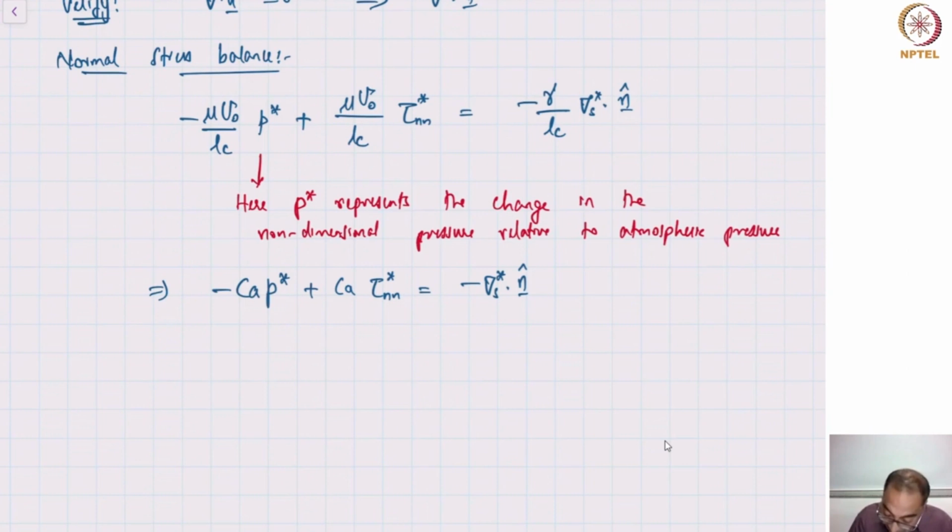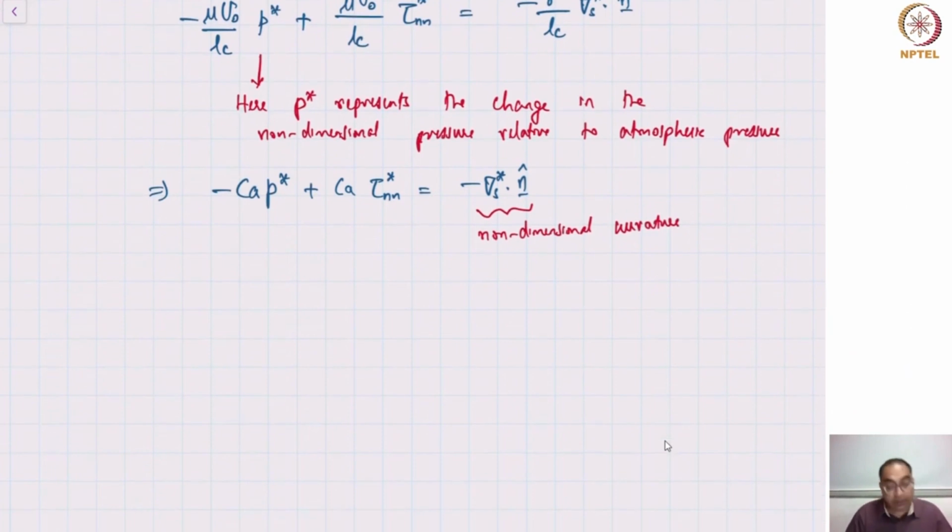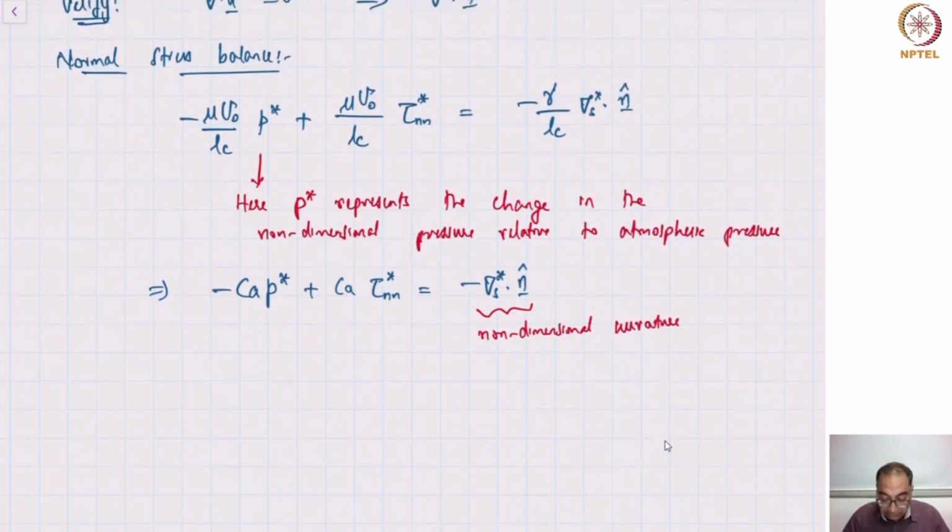This quantity here is the non-dimensional curvature. So this is how we would go about analyzing these equations.